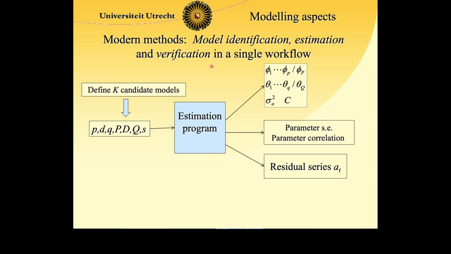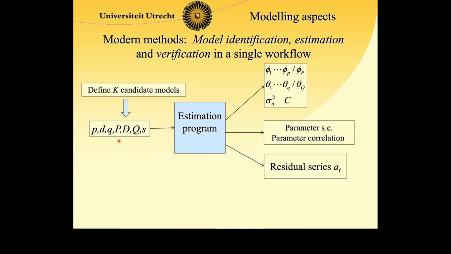Are the parameters significant or not, all in one workflow? So you define K candidate models. This is actually even much more general. These are the parameters of a so-called SARIMA model. So it's even more general.